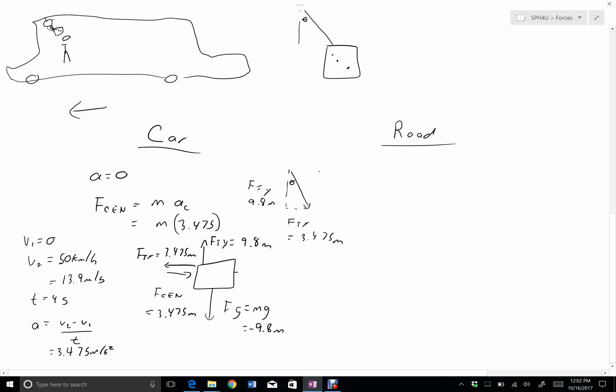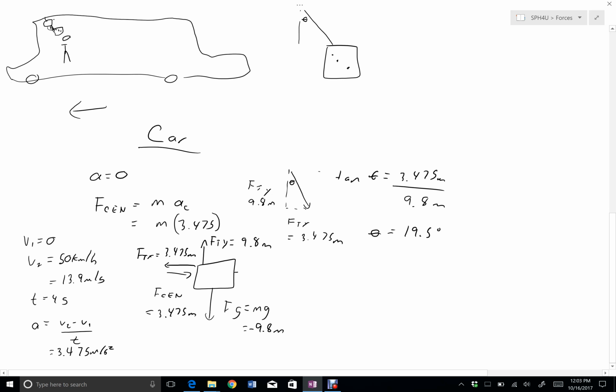And I can find theta. Tan theta equals 3.475 m divided by 9.8 m, and theta works out to be 19.5 degrees. So it would swing back at 19.5 degrees.